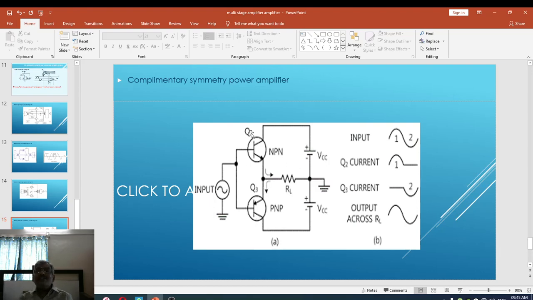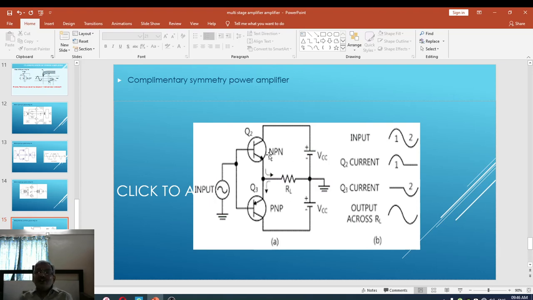As the upper transistor is forward biased, it allows collector current to pass through the load resistance. Whereas the lower transistor is reverse biased by the input cycle, it doesn't allow IC2 to flow through the load.